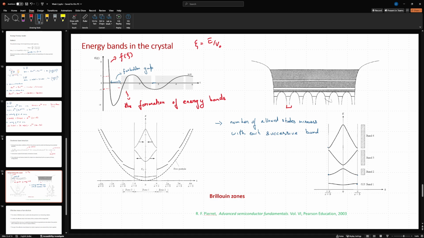And additionally, the gap between successive energy bands reduces.